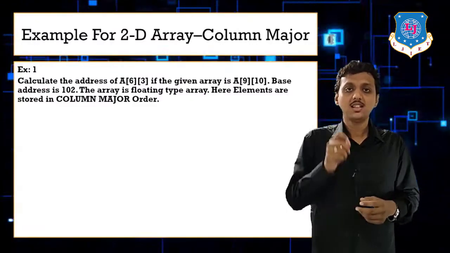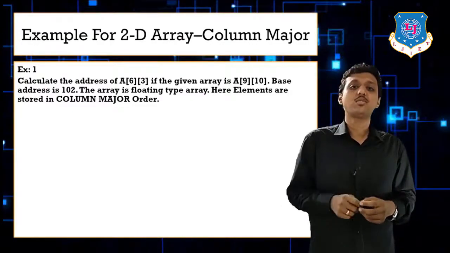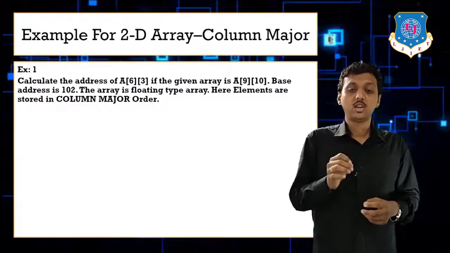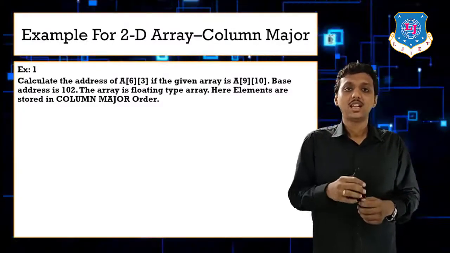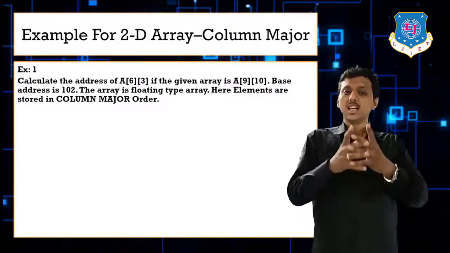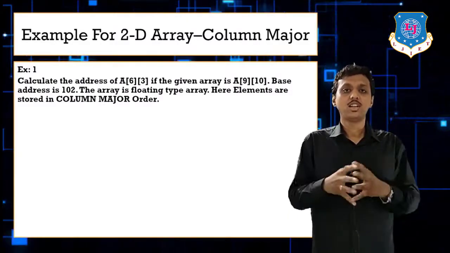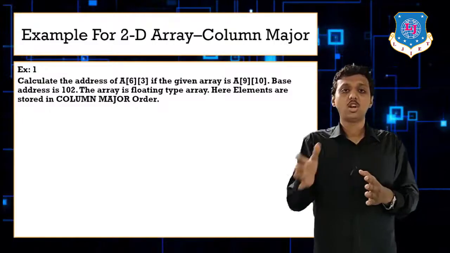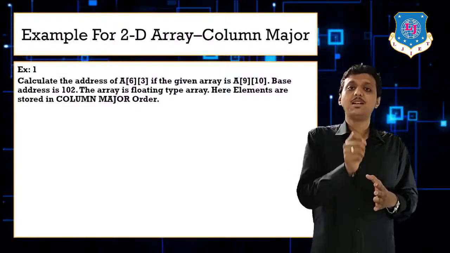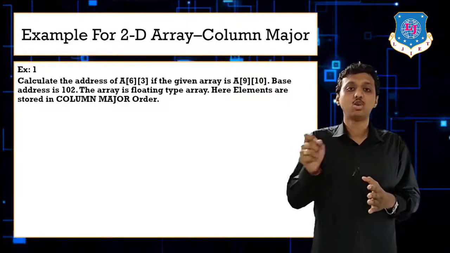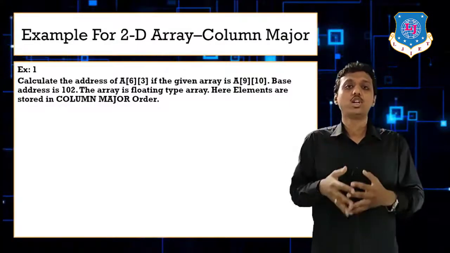Here the array is a floating type array. That means the size of the elements becomes 4, and elements are in column major order. If in your exam paper it is not written that the elements are in column major or row major, you just need to suppose the elements are in column major or row major and apply the formula according to it.